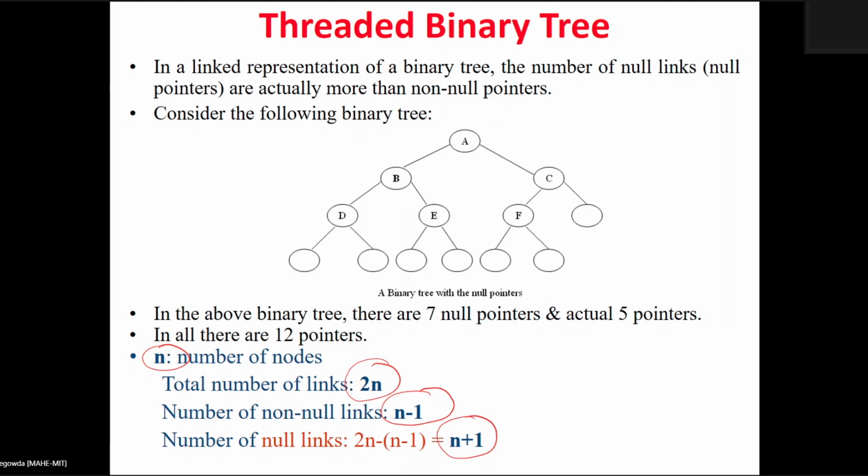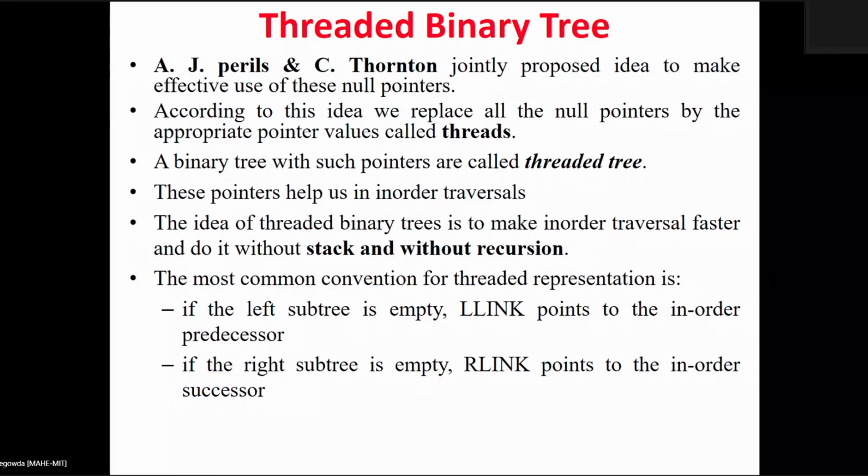So in order to effectively manage the space, a method was devised in which the null links are replaced with special links known as threads. This threaded binary tree was proposed by A.J. Perlis and C. Thornton.